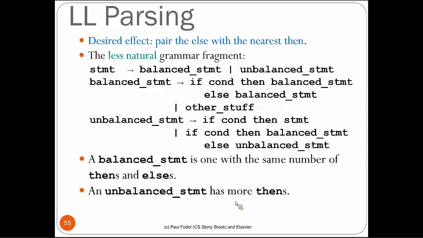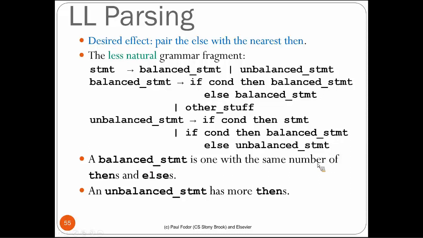A balanced statement is an if statement that has both the then part and the else part, or other stuff that does not contain if statements. An unbalanced statement is an if statement that has a condition and a then part but not an else part, or an if condition that has a balanced statement in the then part and an unbalanced statement in the else part.